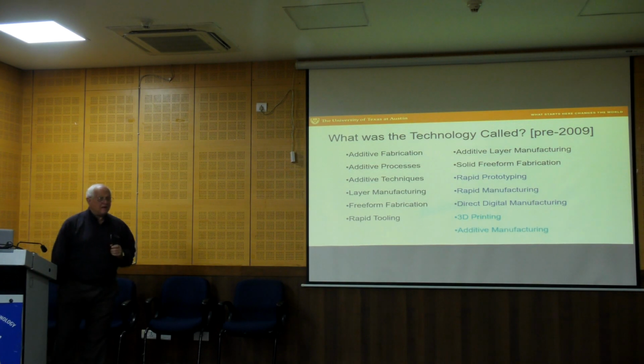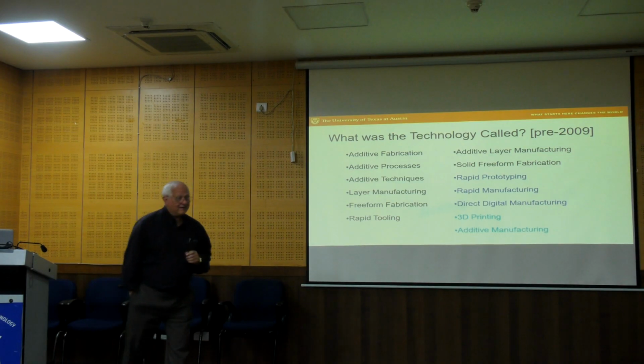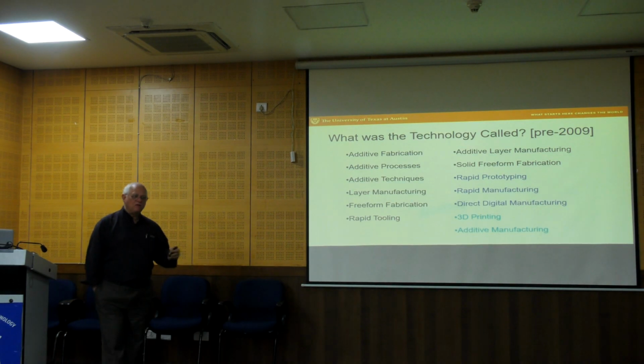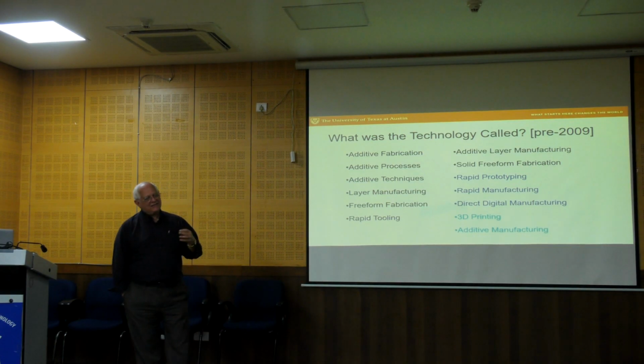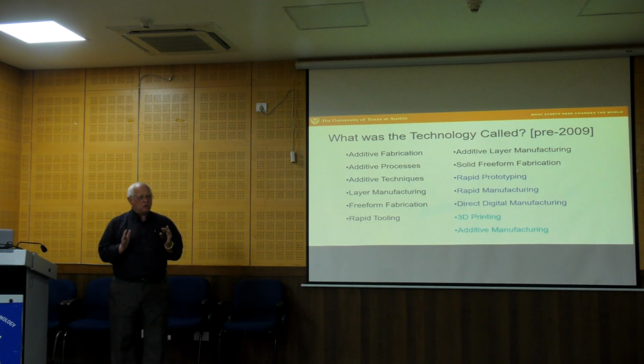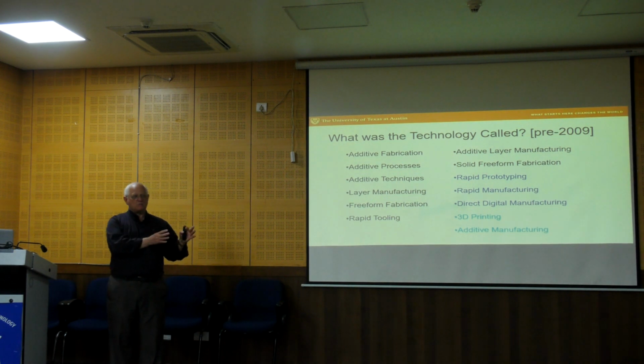Why Manila? We just move around. The question was why Manila. We have two meetings a year. Both meetings are ISO and ASTM, TC261 and F42. We always meet in the spring in the United States somewhere.